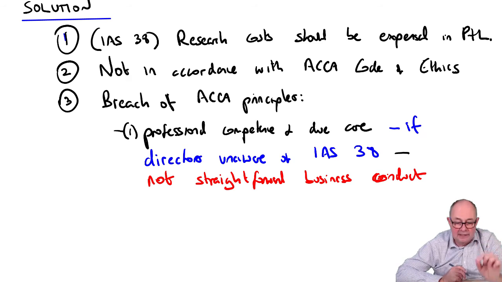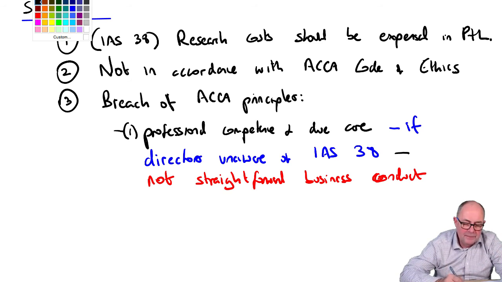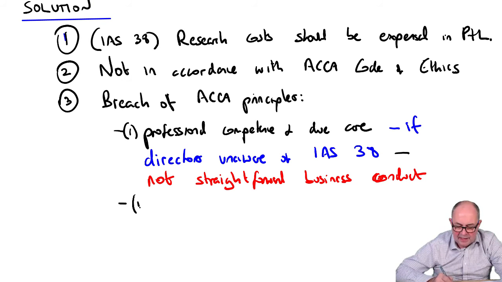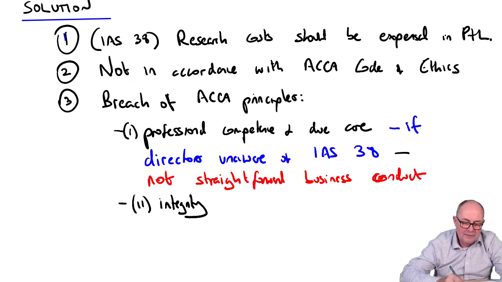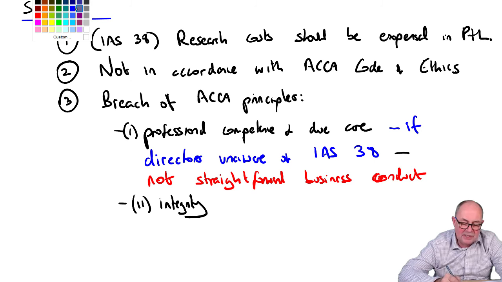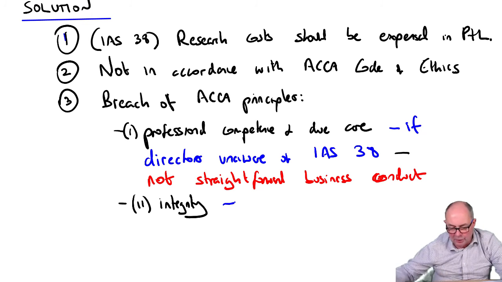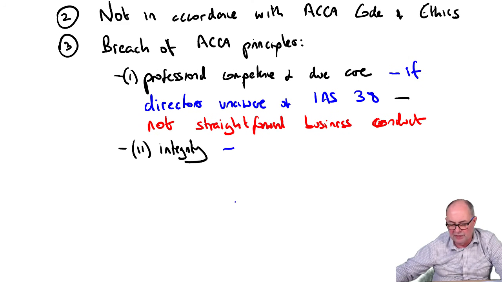If they've deliberately manipulated the information, then of course that's a breach of integrity. And again, apply it to the scenario. That's what I'm doing in the blue, though I gave you a very short scenario.